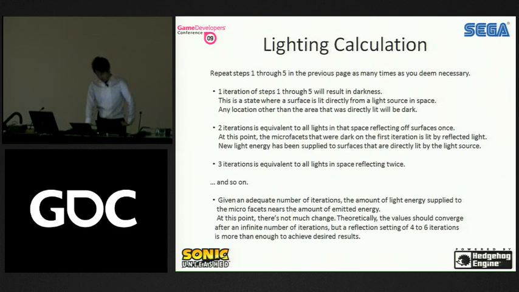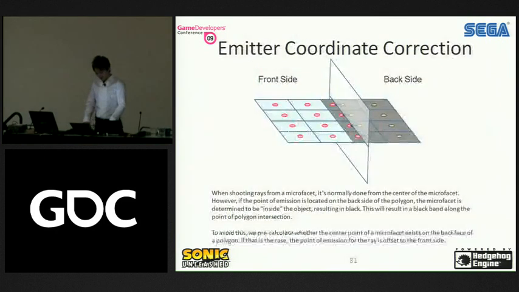Given an adequate number of iterations, the amount of light energy supplied to the microfacets nears the amount of emitted energy. At this point, there is not much change anymore. Theoretically, the values should converge after an infinite number of iterations, but a reflection setting of 4 to 5 iterations is more than enough to achieve the desired results. This is a core part.